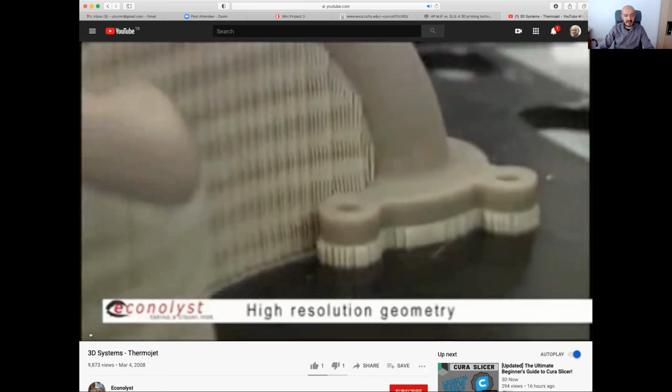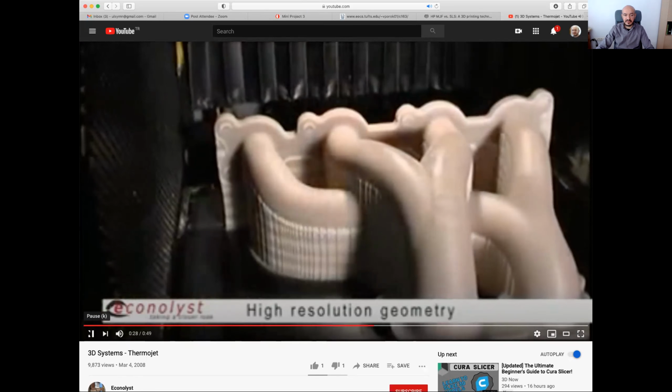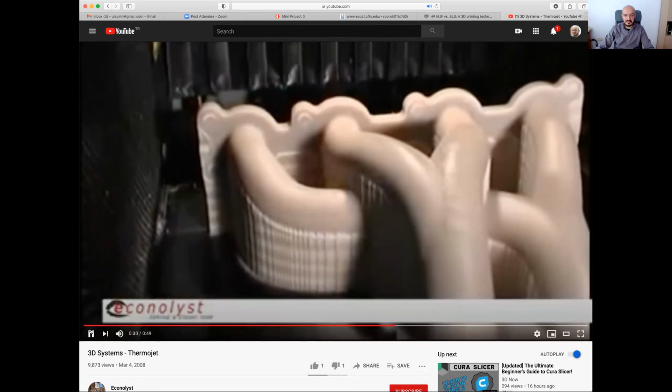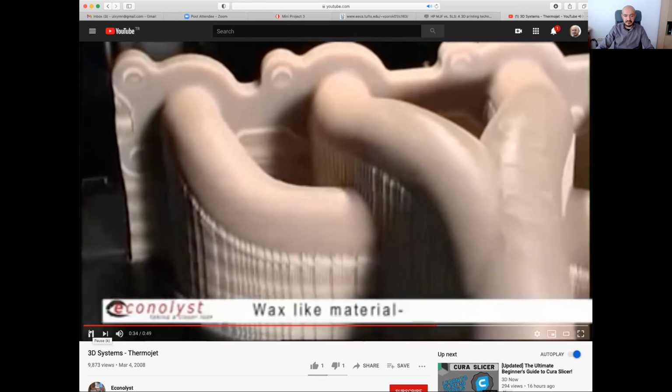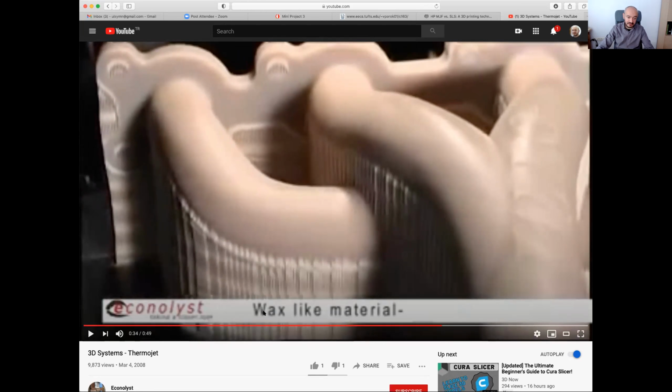And again, they are jetting polymers, some waxy polymers, using again support structures. Always they need to use wax-like material. For other materials, it's quite difficult to have material jetting.